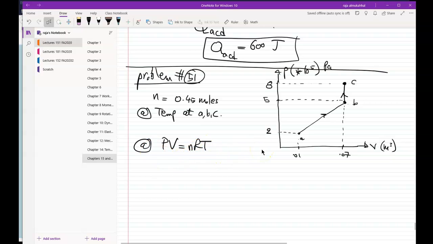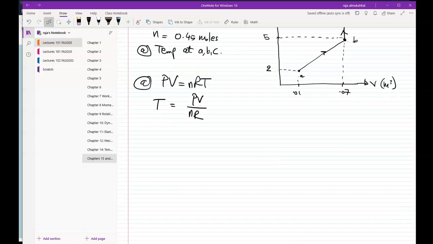So let me just solve for T first: T is going to be PV divided by nR. I'm going to do it for only one, and then you can do the rest. T sub A is P sub A, V sub A over nR.